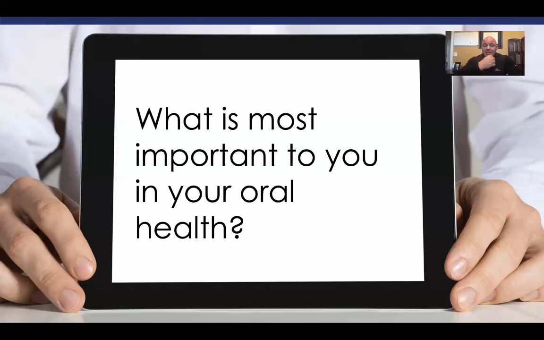Somebody wants straight teeth. Some people want very white teeth. Some people's shade of white, there are different levels of aesthetics there. Some people don't care so much about the alignment and the color as they do the shape. And I'll give you a prime example of this.